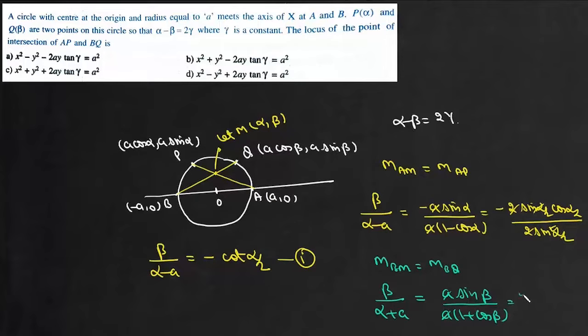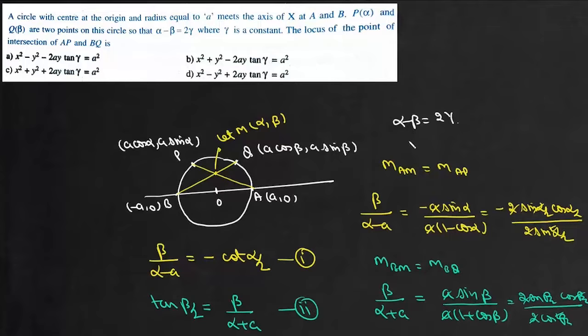Now here this is 2 sin beta by 2 cos beta by 2, and here it is 2 cos square beta by 2. Now here cos beta by 2 will cancel, so we'll get tan beta by 2 as beta upon alpha plus a, and that's our second equation.